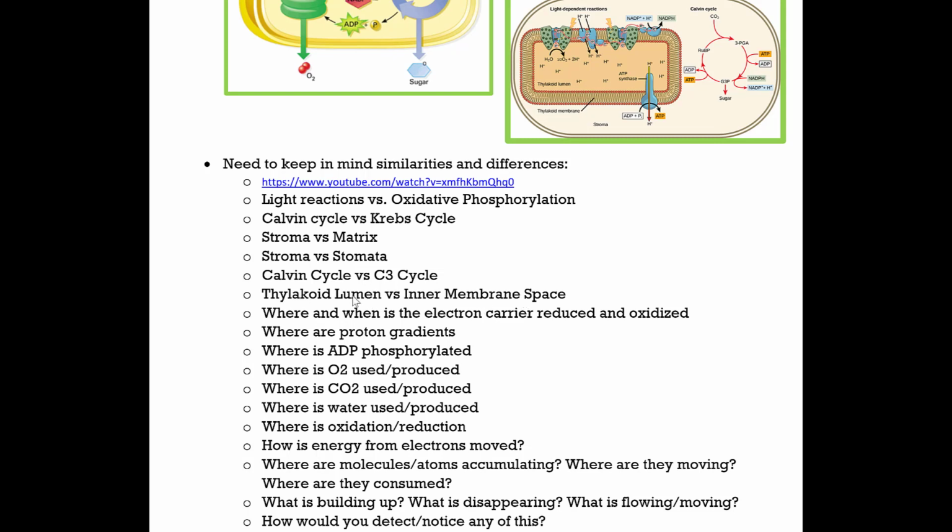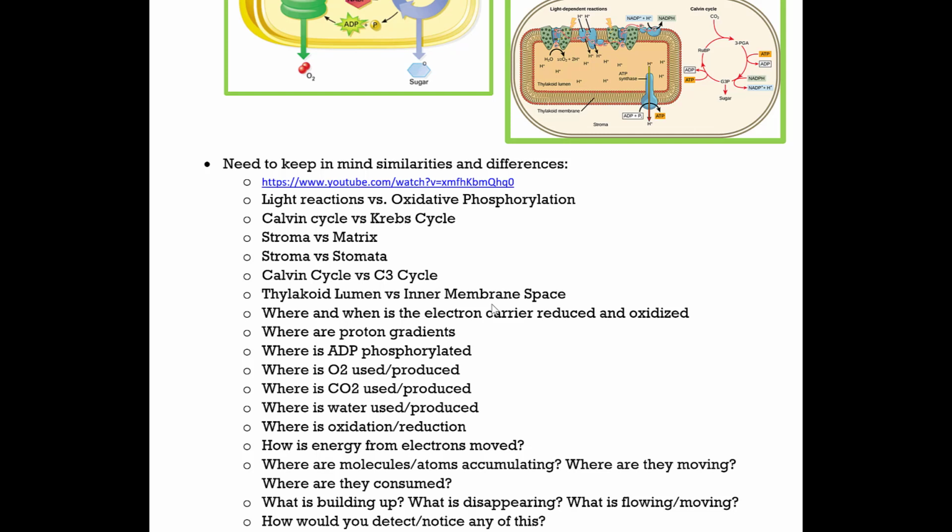The thylakoid lumen is the interior of the thylakoid membrane in chloroplasts. This is where proton concentration will increase during the light reactions, and this proton gradient will power ATP synthase. The intermembrane space is the space between the inner and outer membrane of the mitochondria.